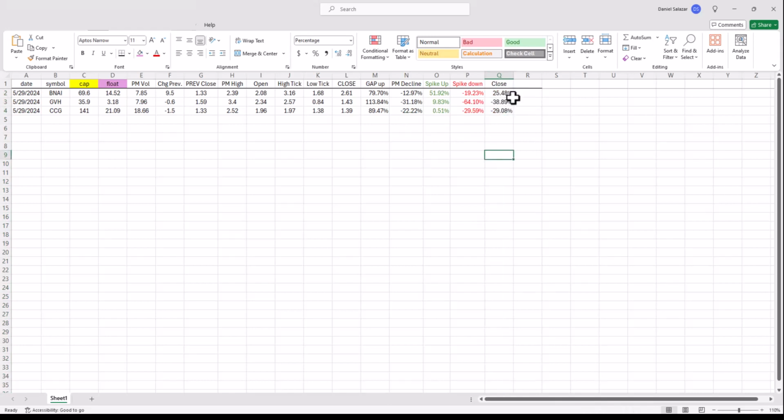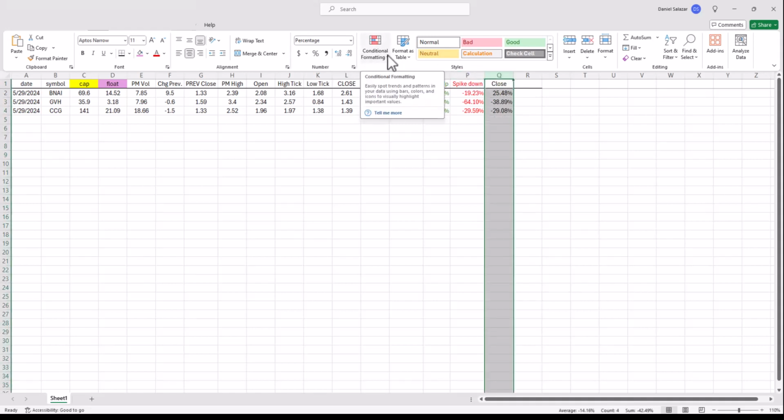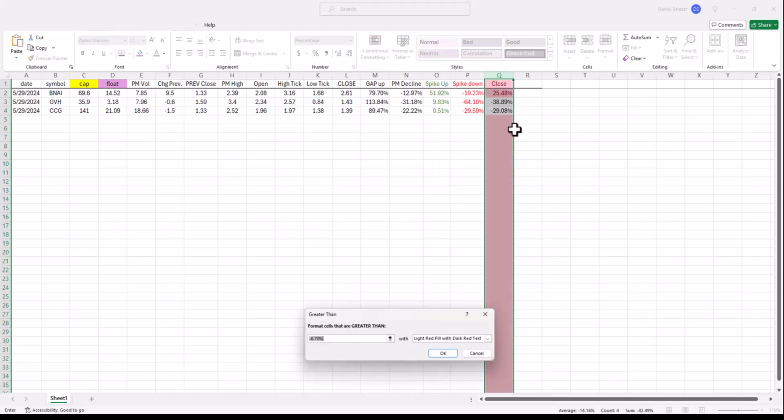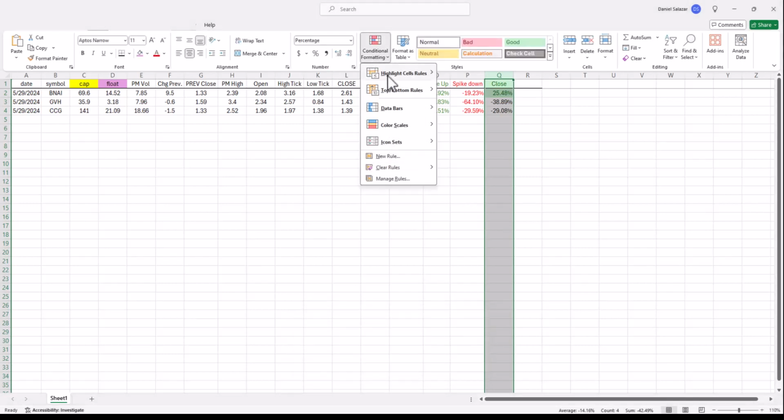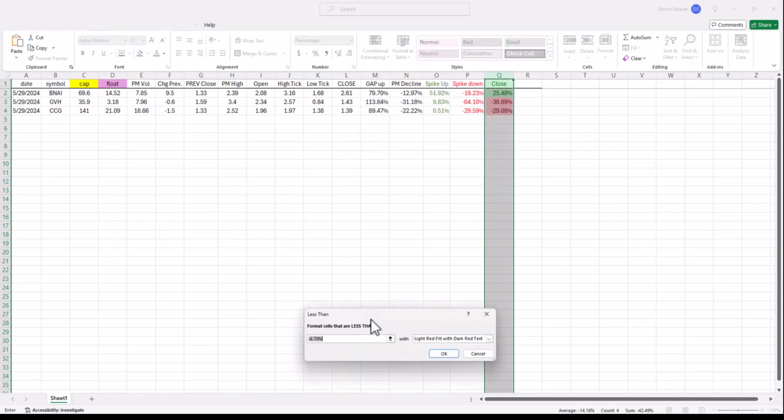If it's positive, I want it green. So in this case, I'll put conditional formatting. Anything greater than 0, I want it green. Conditional formatting again, less than 0. I want it red.